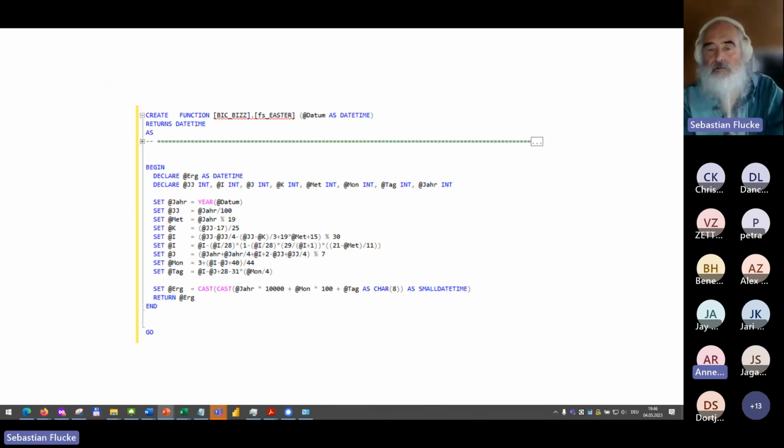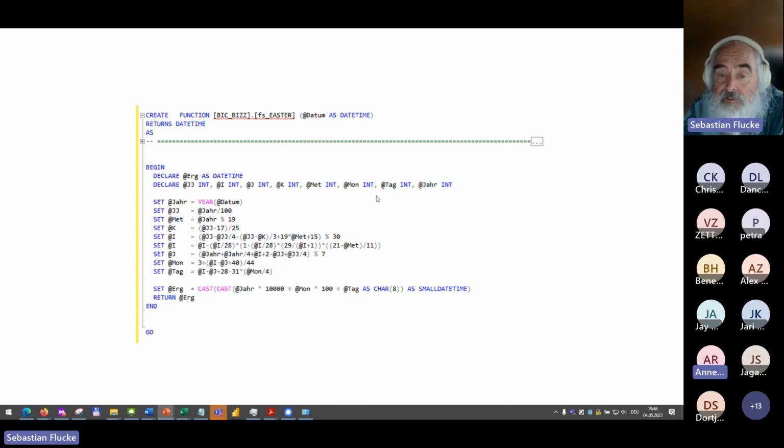What we have here, which looks quite funny, is the formula which is able to calculate on which day in a year the Sunday of Easter falls, depending on the year.